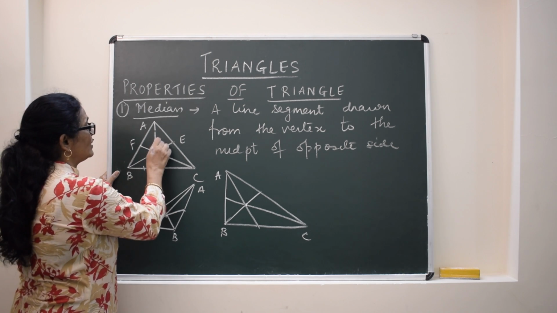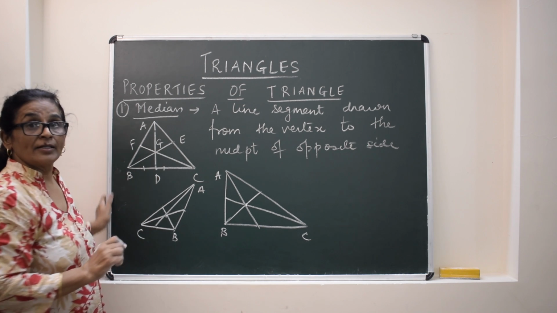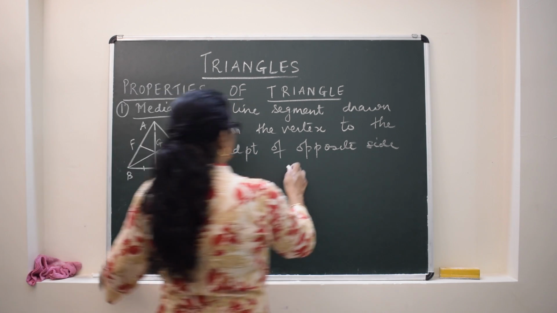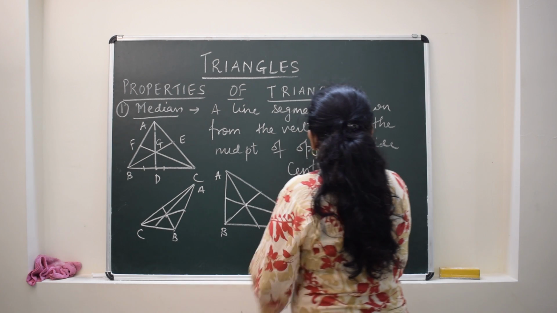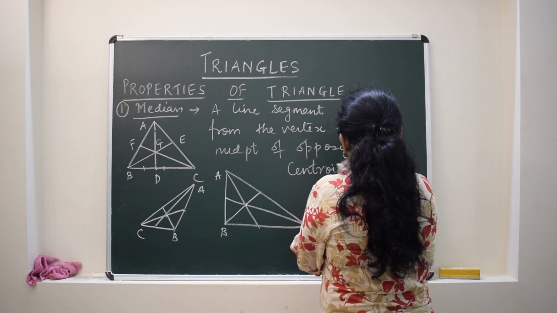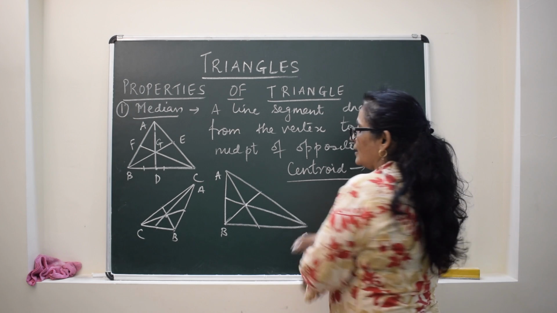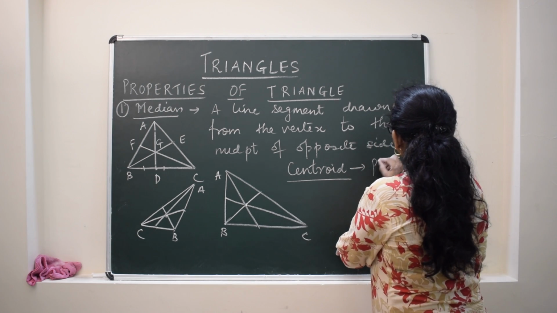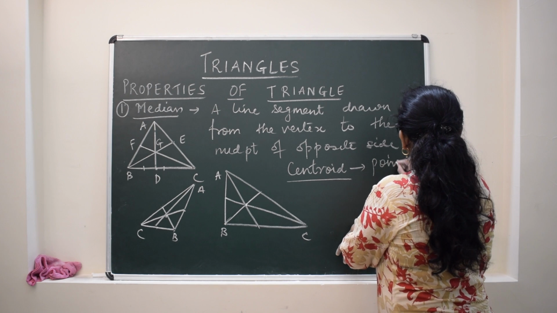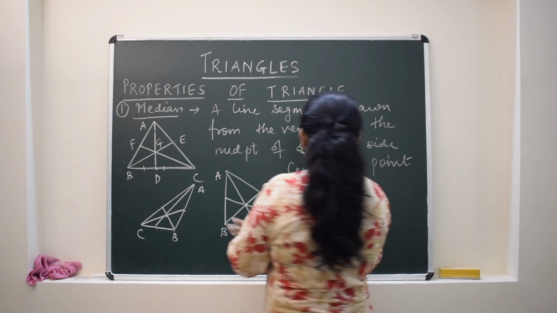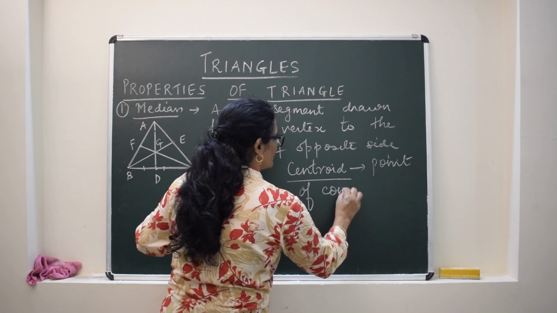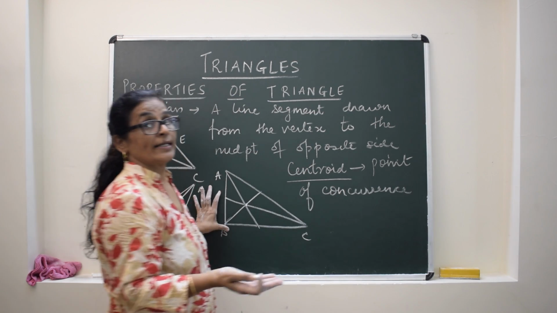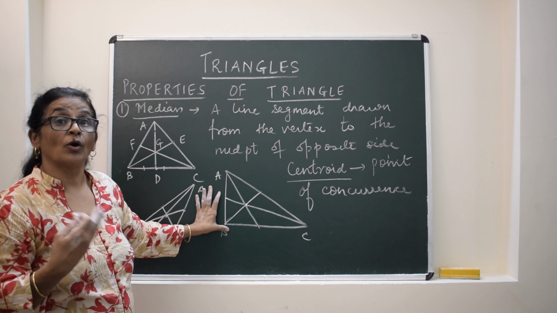Wherever these three medians meet, that is called centroid. So we can say centroid is the point of concurrence. I am using this word concurrence because more than two lines, when they meet, they are called concurrent lines.